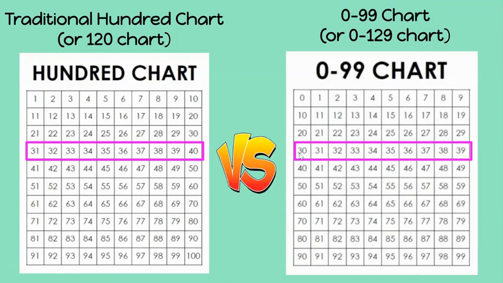Where on a 0 to 99 chart, the whole decade from 30 to 39, that whole decade or number family is included, which is really helpful for our students to see that whole pattern of counting. This chart also includes the number 0. 0 is kind of a tricky thing to conceptualize for our students, and it's not something we usually say when we're counting, but it is important in seeing that pattern of counting.